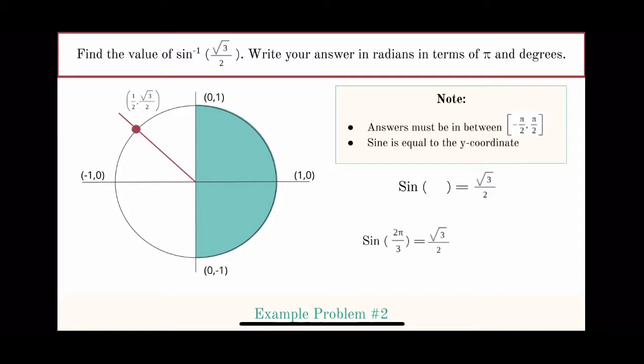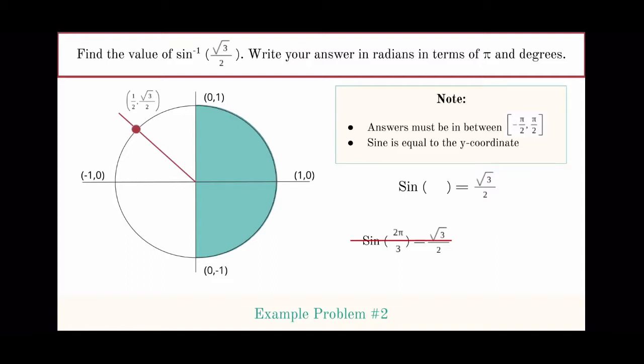So I started off with a possible answer, 2 pi over 3. However, I crossed it out because 2 pi over 3 does not meet the criteria of being in between negative pi over 2 to pi over 2.